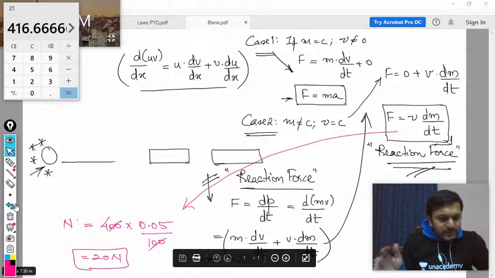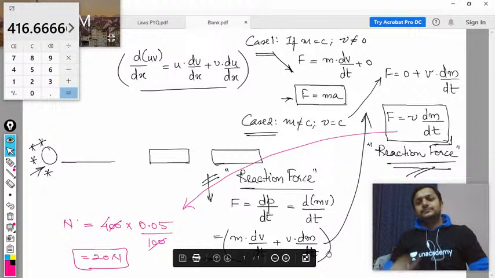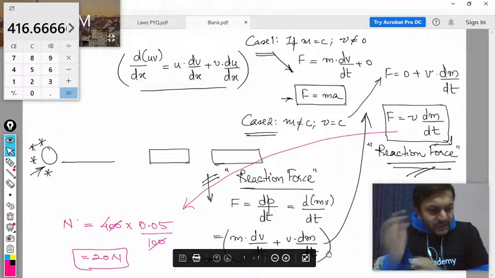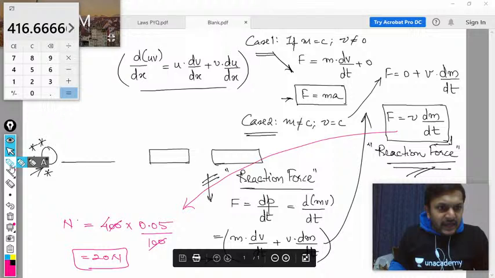If you want to note, you can note it here now. So 20 newton is the answer and the option will be B for us.